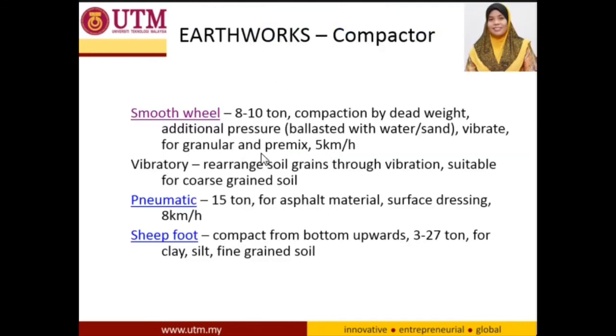Then we have the vibratory roller, which is important especially to rearrange the soil grains through vibration. Also, the pneumatic tired roller consists of rubber tired wheels to compact asphalt material.